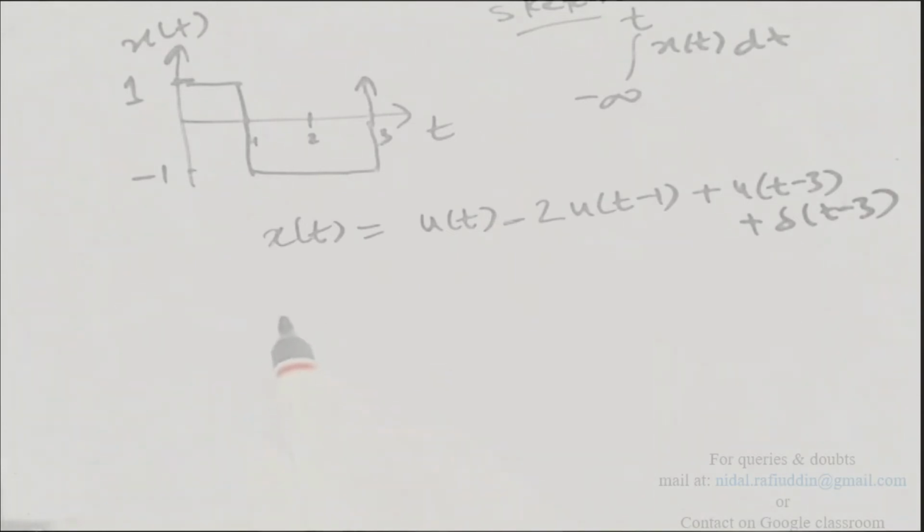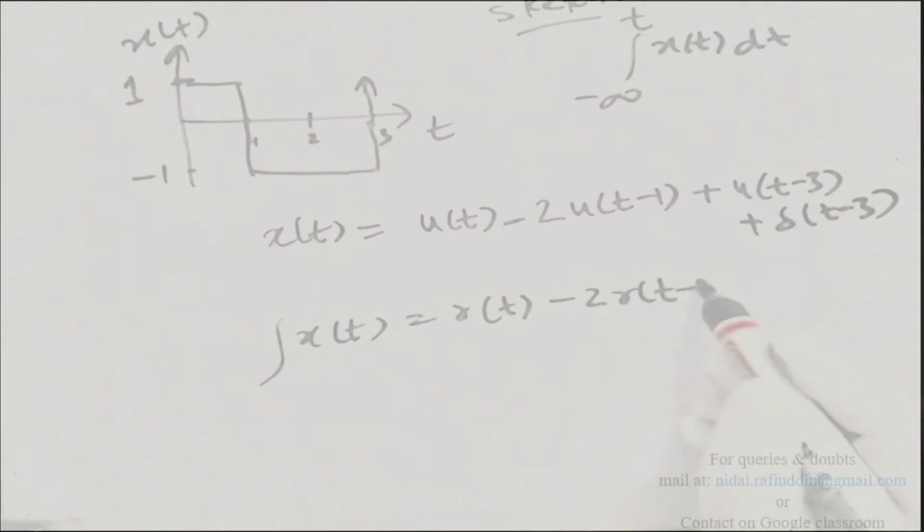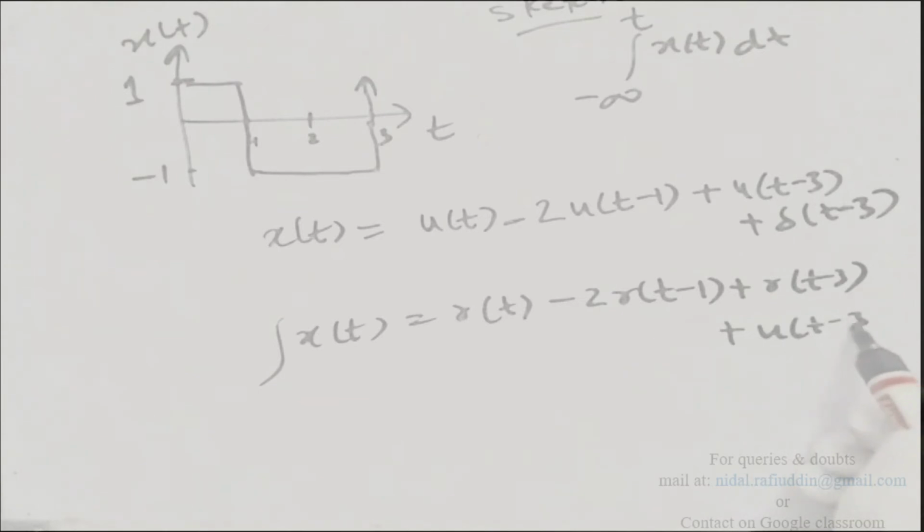Now if we take the integral of this x(t), the integral of u(t) comes out to be r(t). The integral of u(t - 1) can be written as r(t - 1). The integral of u(t - 3) can be written as r(t - 3), and the integral of delta(t - 3) can be written as u(t - 3).